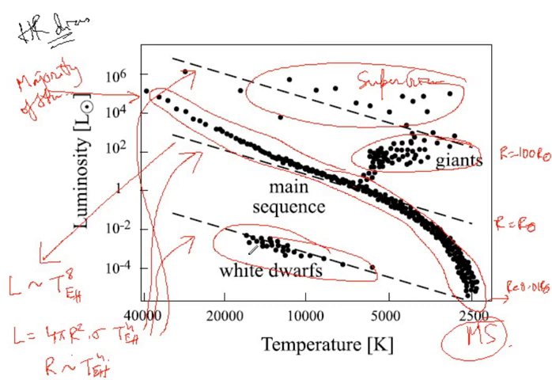Now near the bottom left over here, we have the white dwarfs. They are very hot, but their luminosity is very low. So from the very simple example that we have, you can say that their size is very small compared to our sun to have such low luminosities.